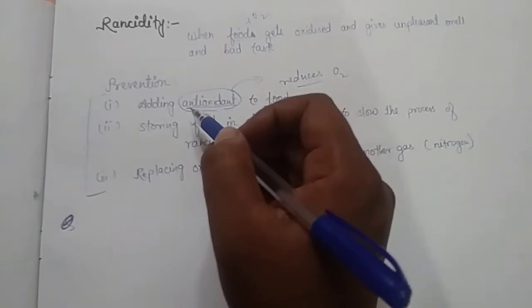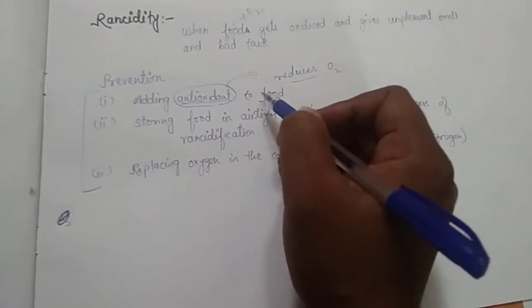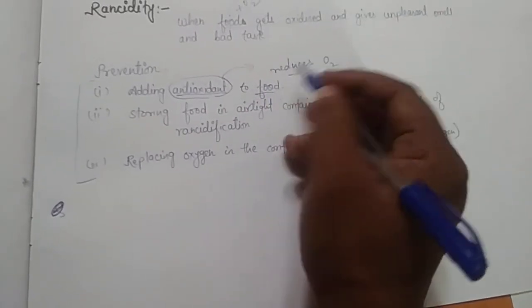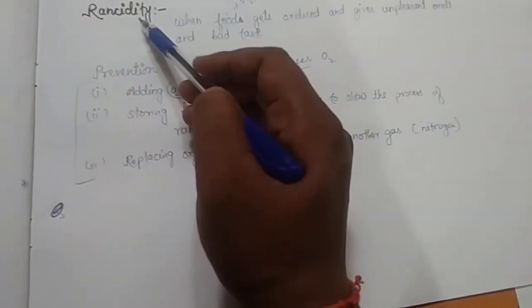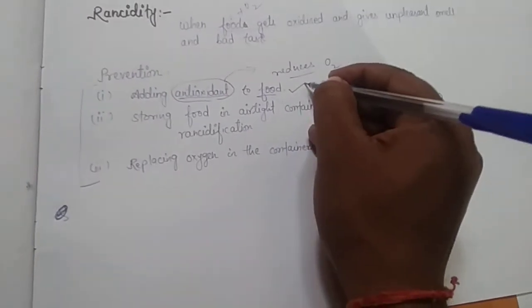So when antioxidants are mixed with food, they reduce the amount of oxygen and prevent rancidity. Clear, children? This is very important.